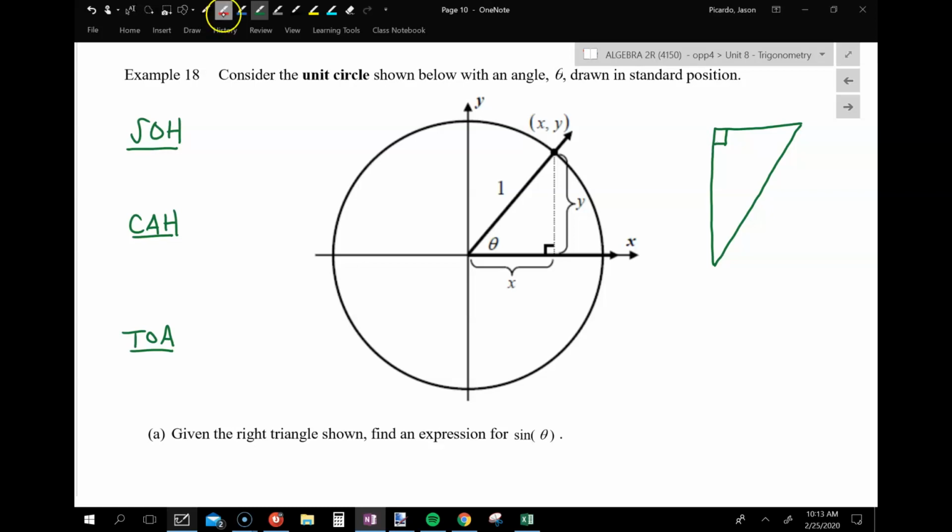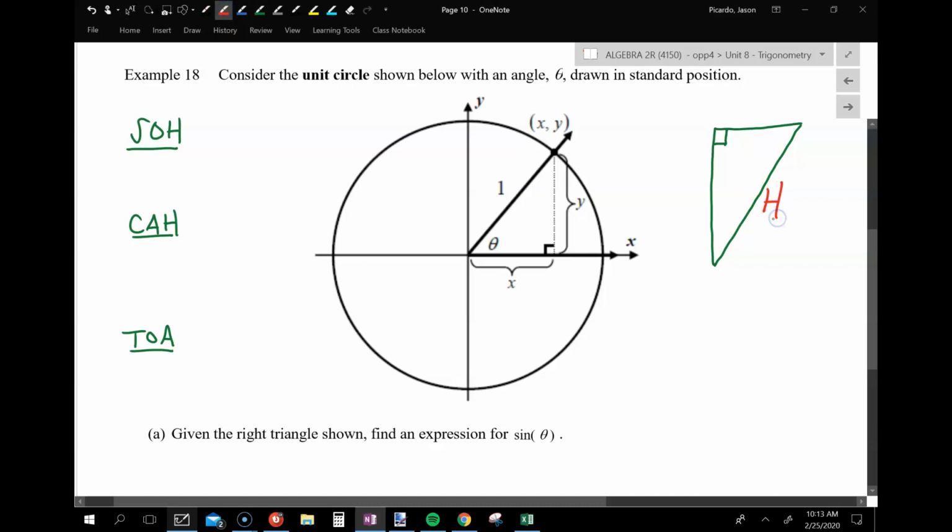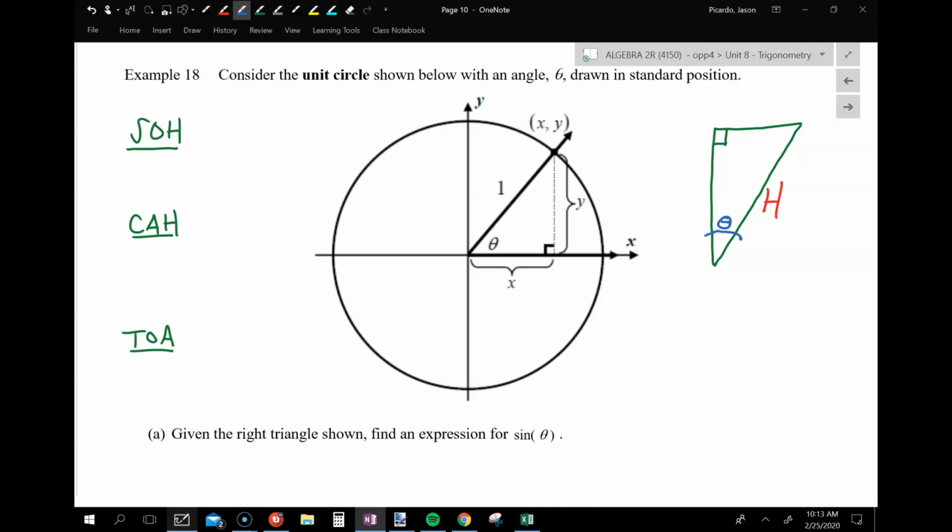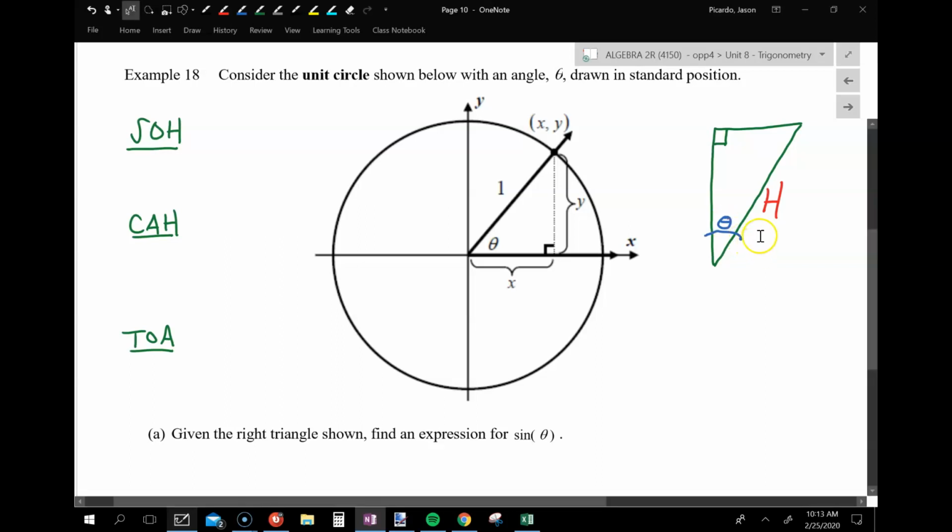You better. Big H. Now, let's pretend that this is the angle that I want to have a conversation about. Okay? We've already got the H labeled, right?